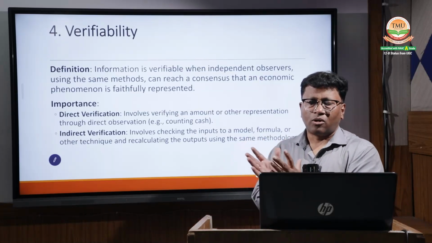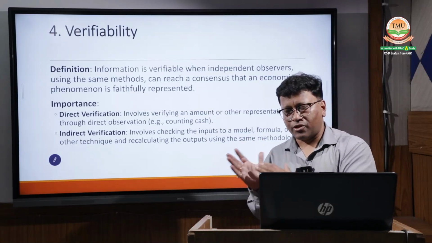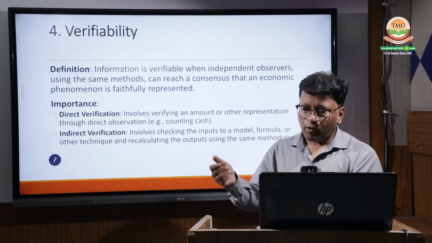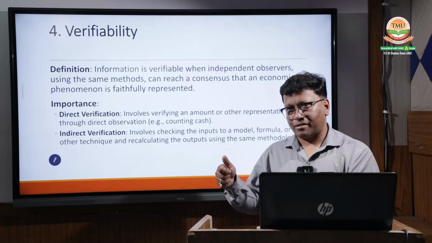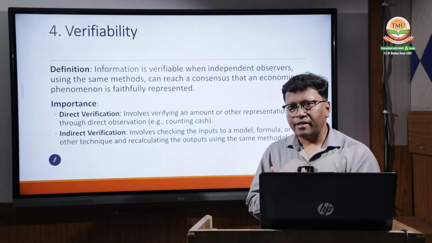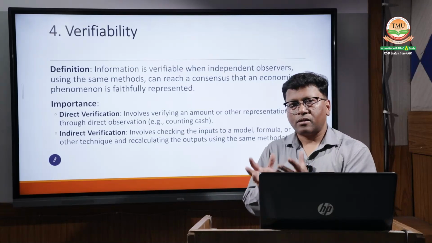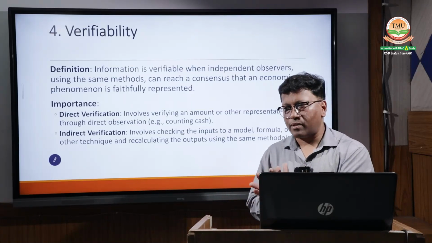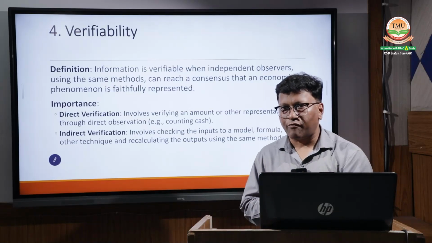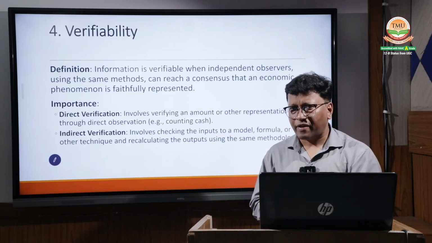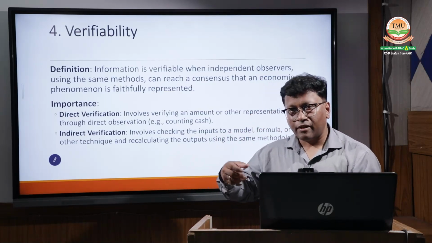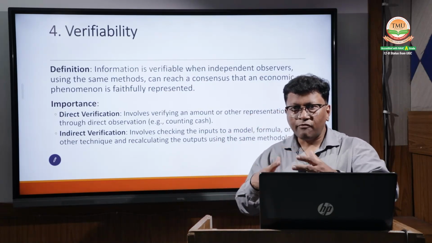Now the ledger balance is showing you a particular cash position in the company, and if you want to verify the cash position displayed by the accounting books, you can verify it through counting the cash, right? Whatever cash is with the organization, if you physically count the cash, you can verify whatever the books are displaying, right?